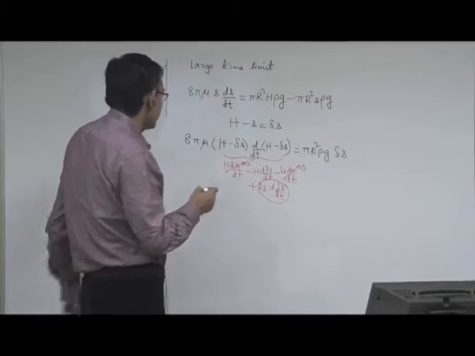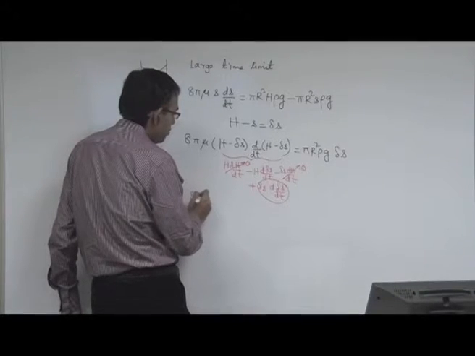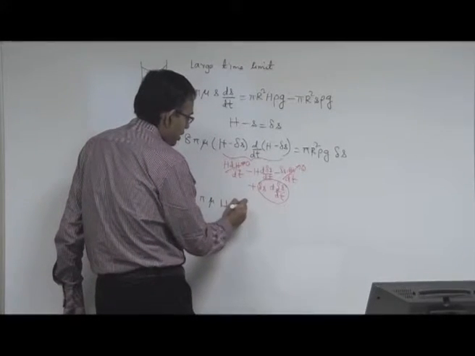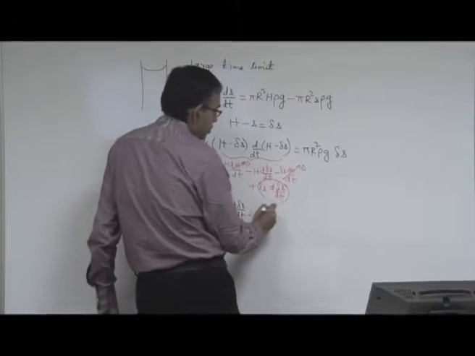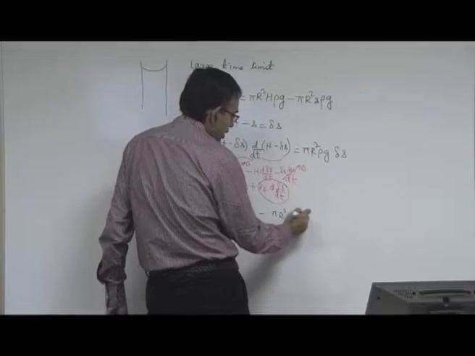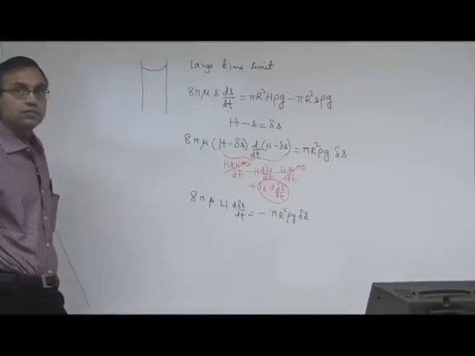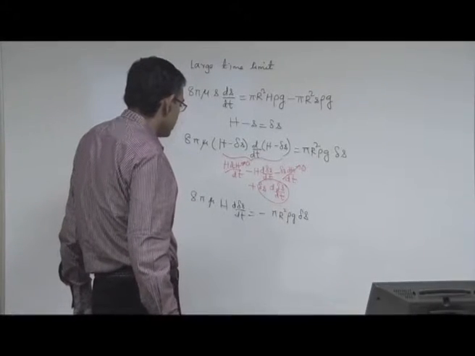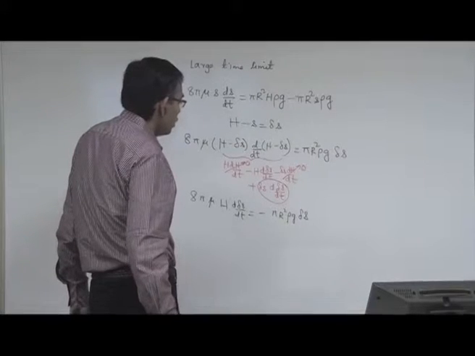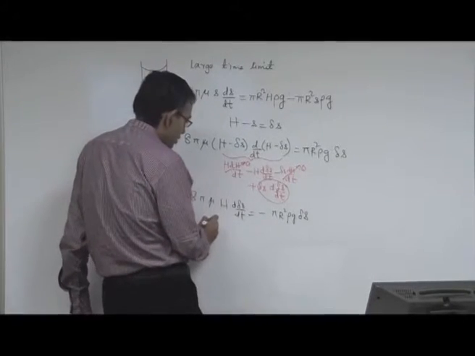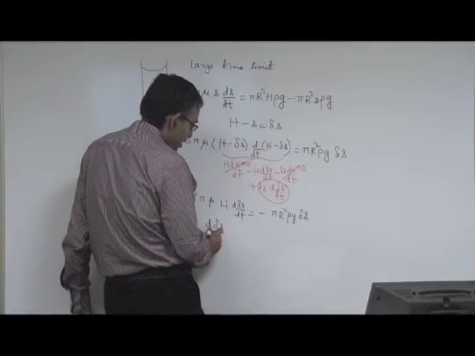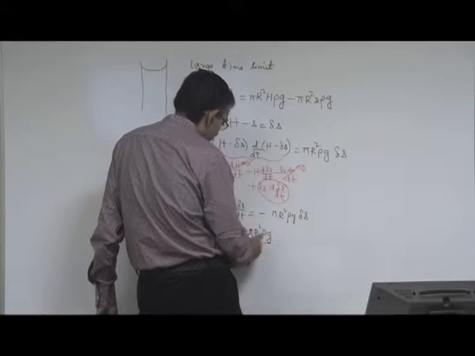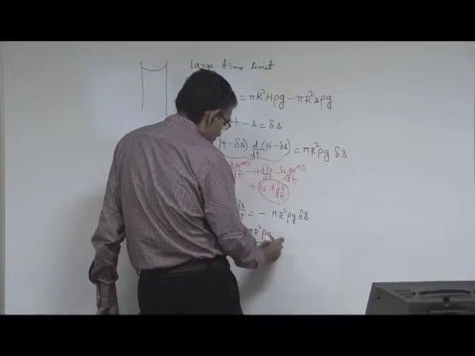So eventually what you get is 8 pi mu H d delta S/dt is equal to minus pi r square rho g delta S. So we can write d delta S by delta S is equal to minus pi r square rho g by 8 pi mu H dt.